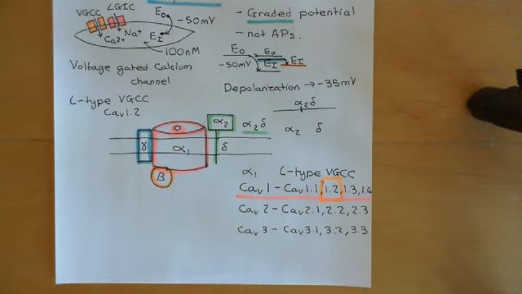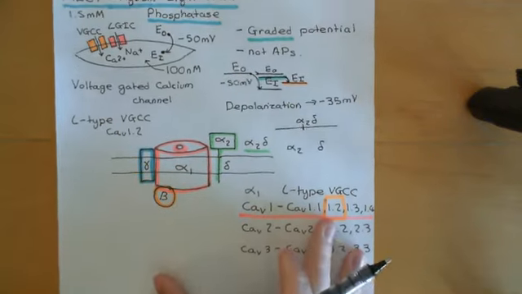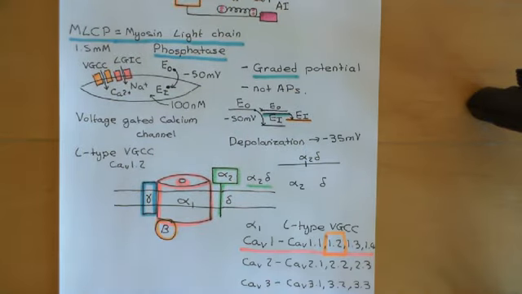Okay, right. So we're currently in the process of discussing the pro-contraction influences, and we've just seen that neurotransmitters can activate ligand-gated ion channels on the surface of the vascular smooth muscle cells, which can cause graded potentials within these cells, which literally just means a depolarization without an action potential.